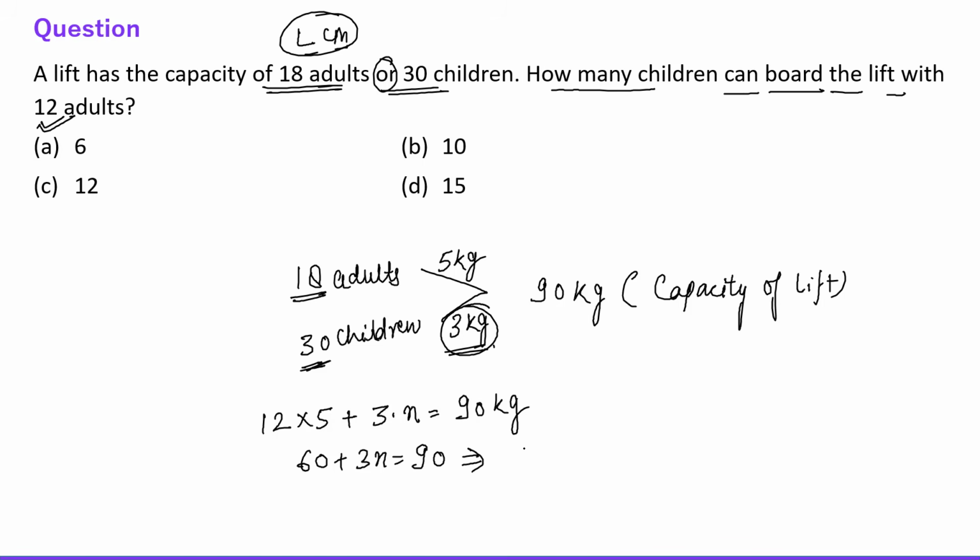This implies 3n is equal to 30 and n is equal to 10. Total 10 children can board the lift with 12 adults. The answer is 10. Alright everyone, the answer is 10.